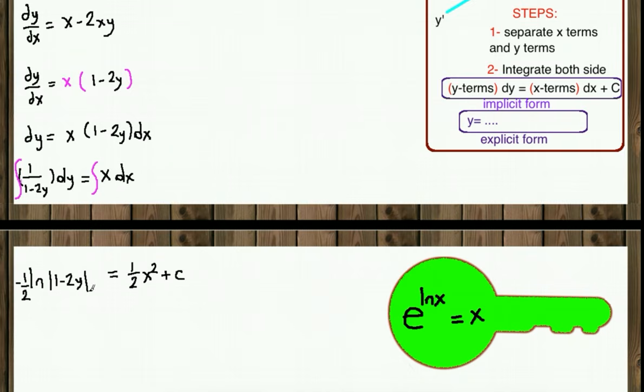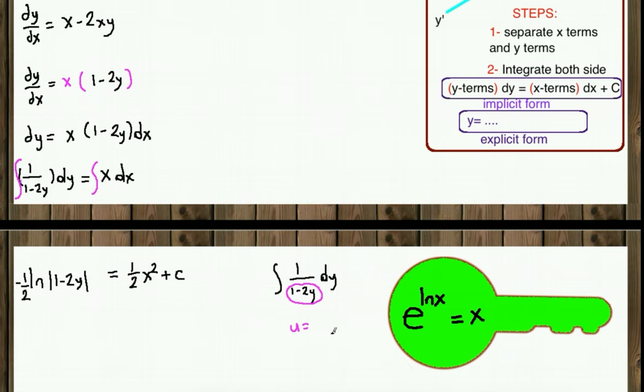If you're fluent with integration of ln, that's great. If you're not, you can do u substitution. Let's do it here. Integral of 1 over (1 minus 2y) dy. We're going to call this part of the integral u.